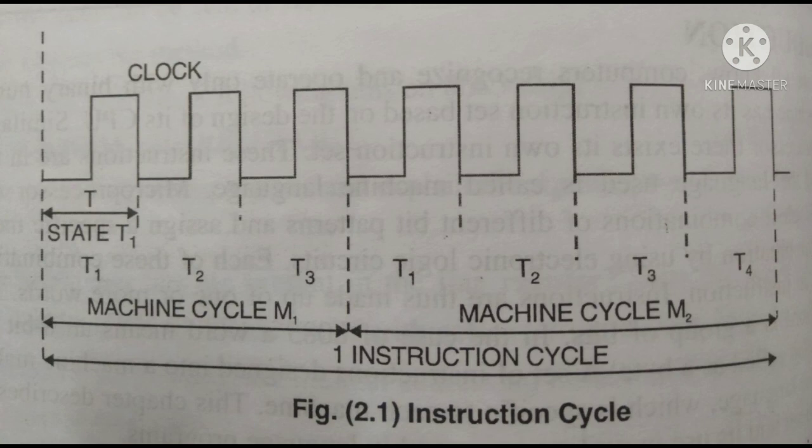Means in the instruction cycle we use 2 machine cycles, M1 and M2. In M1 we use 3 T states: T1, T2 and the last one T3. Machine cycle M2 uses 4 T states: T1, T2, T3 and T4. This is the instruction cycle working.